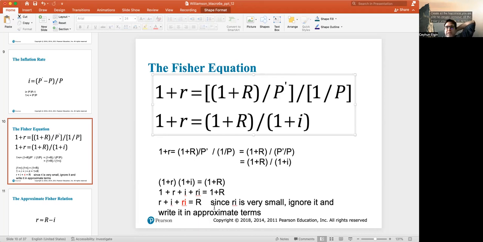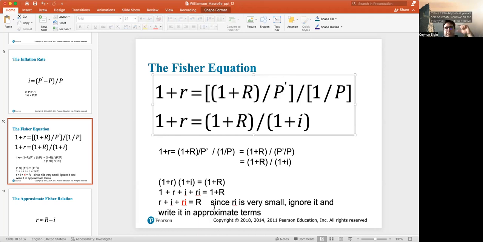Now, generally, lowercase r is a number between 0 and 1. Generally, not always, but generally, inflation I is a number between 0 and 1. So these are small numbers between 0 and 1. And even lowercase r can even be negative sometimes, but that's another matter. r times I is therefore even smaller, because the product of two numbers between 0 and 1 is generally even smaller.